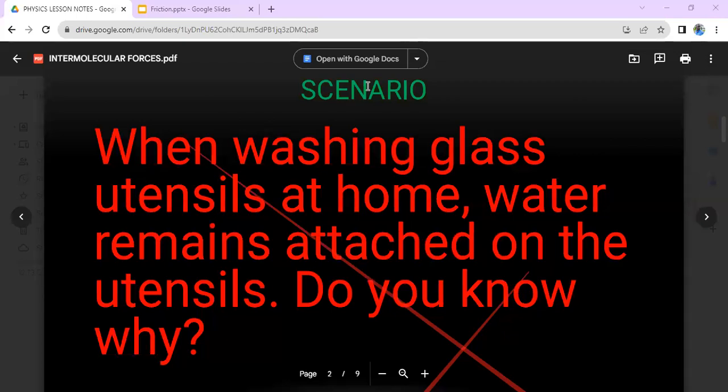Water sticks on, so it remains attached on the utensils because of the adhesion forces between the utensil and the water. The strong adhesion forces. Okay, thank you, Ariel. Is there any other person who has an answer? Why do you think this happens? Why does water stick on the walls of the glass?